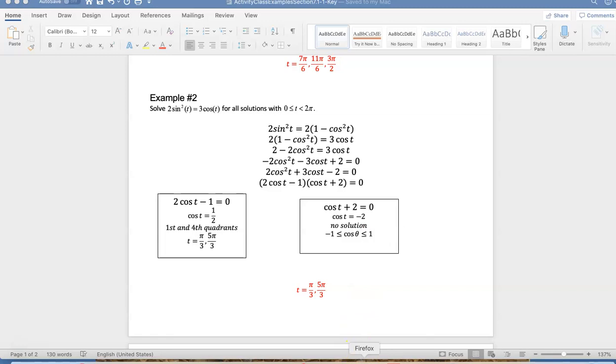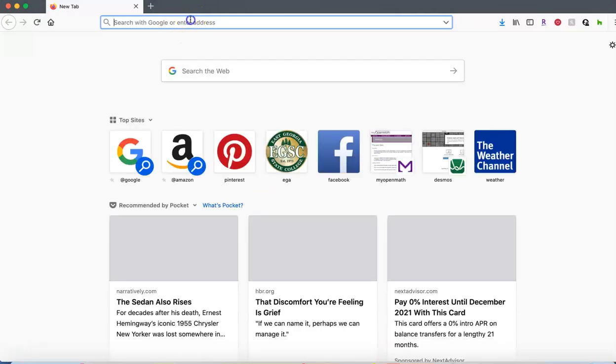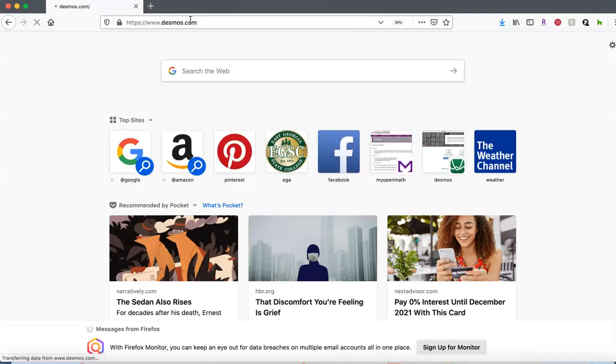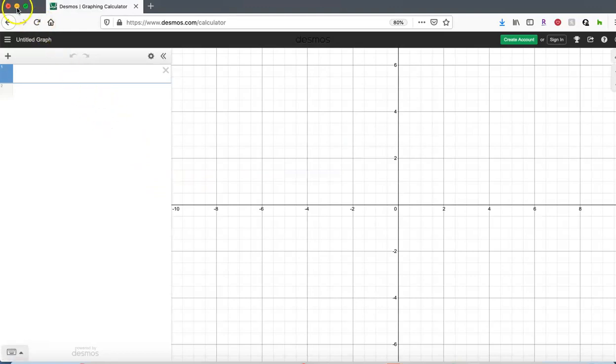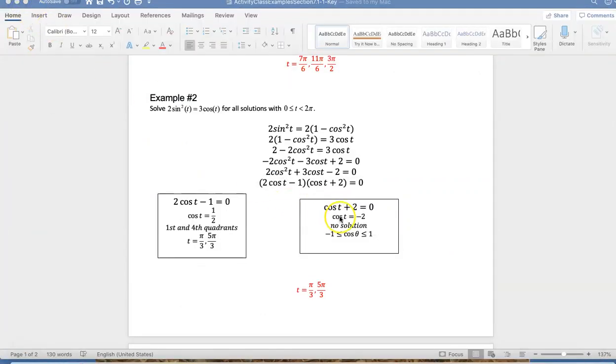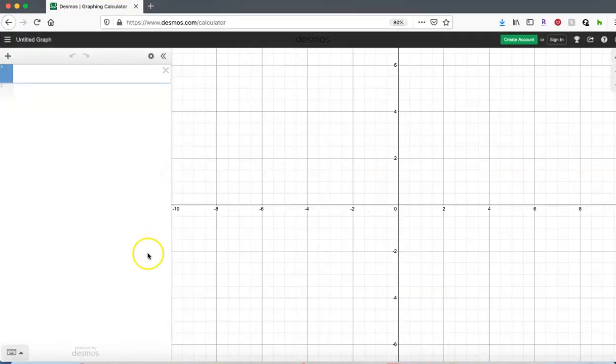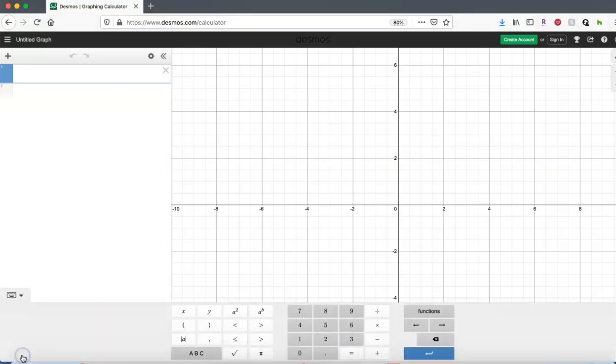Let's pull up Desmos real quick so you can see what happens when you do it. I'm going to put in inverse cosine of negative 2 so you can see that. Notice it says it's undefined.